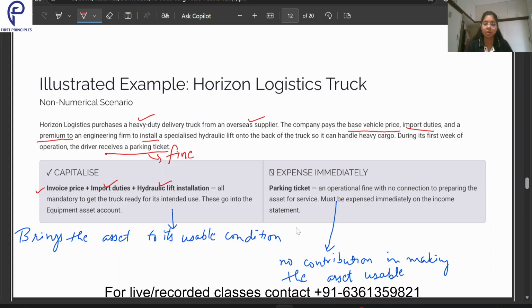These will be bringing the asset to its usable condition, and they have to be capitalized. Anything else has to be expensed immediately in my income statement. The capitalized one will go to my balance sheet under non-current assets. The other will go under the income statement as my expenses. Okay.